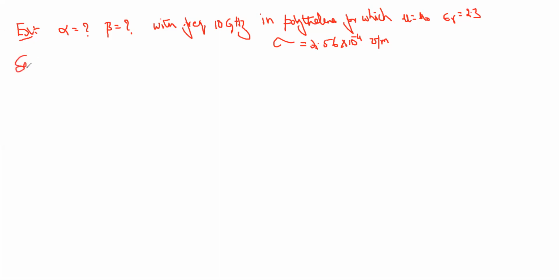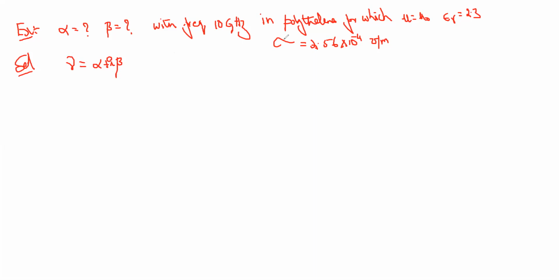So actually, we know gamma is equal to alpha plus j beta. We need to find alpha and beta. They are not saying that it is lossless. If it is lossless, alpha is equal to 0 and beta is equal to omega under root of mu epsilon, so directly you can substitute the frequency, mu naught and epsilon r.